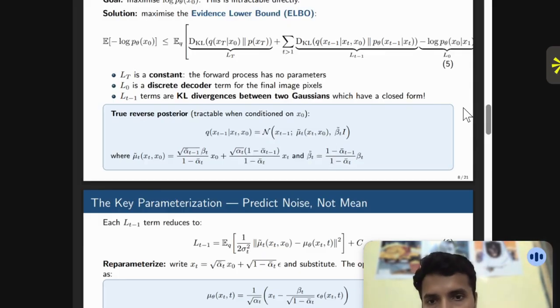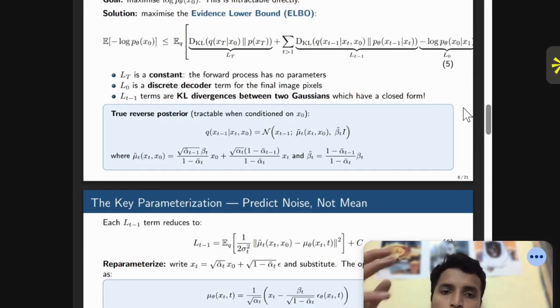which makes sure that the final result is a clean discrete image. It is a KL divergence between two Gaussians, and it has a closed form, because it can be proven that the KL divergence between two Gaussians takes a closed-form equation, which means it can be solved analytically. Talking about the LT minus one term, it compares the true reverse transition, which it calculates using Bayes' rule, with our model transition.